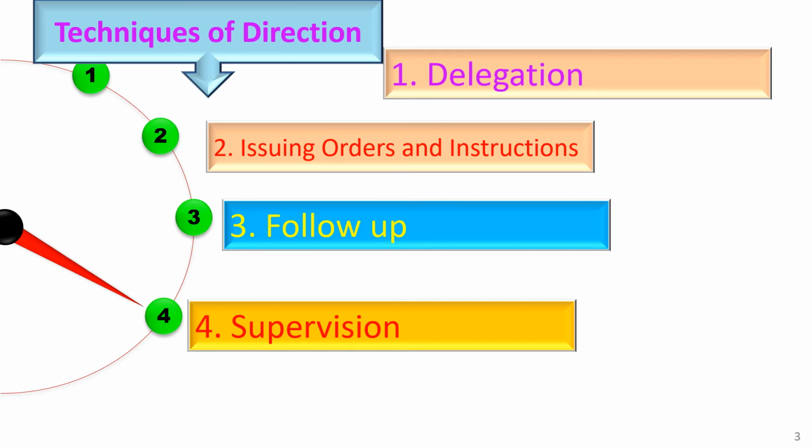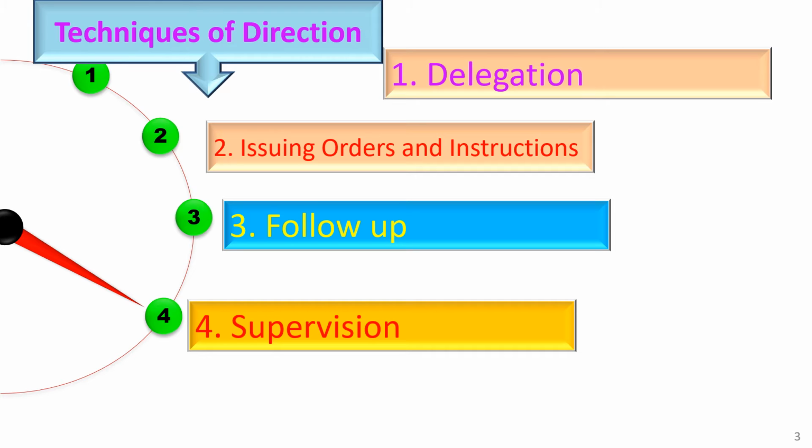The next technique of direction is supervision. Supervision is achieving the desired result by means of intelligent utilization of human talent and facilitating resources. Supervision means overseeing the employees at work, motivating employees, utilizing the human talent, and maintaining good human relations.